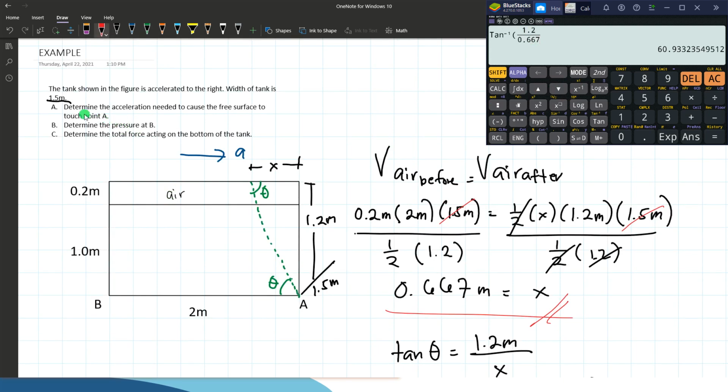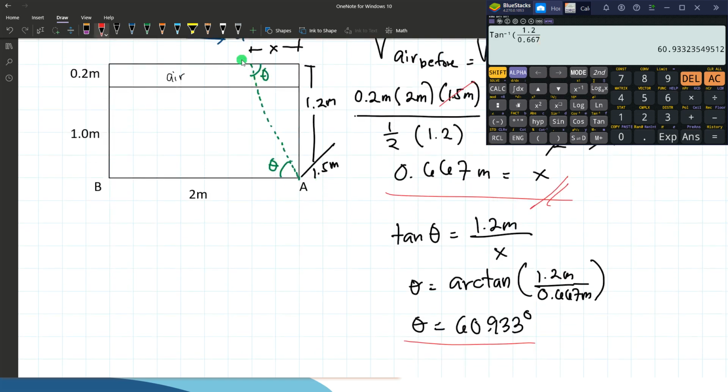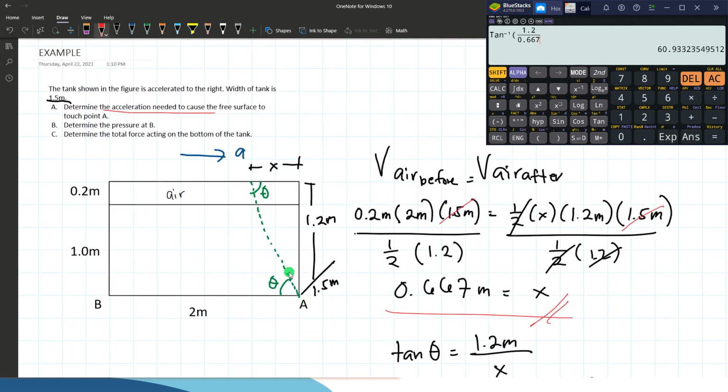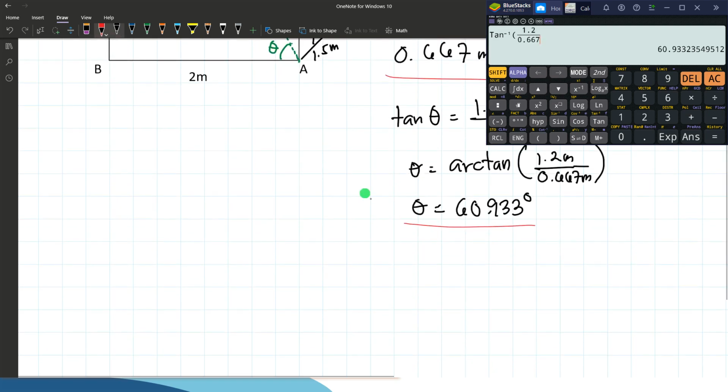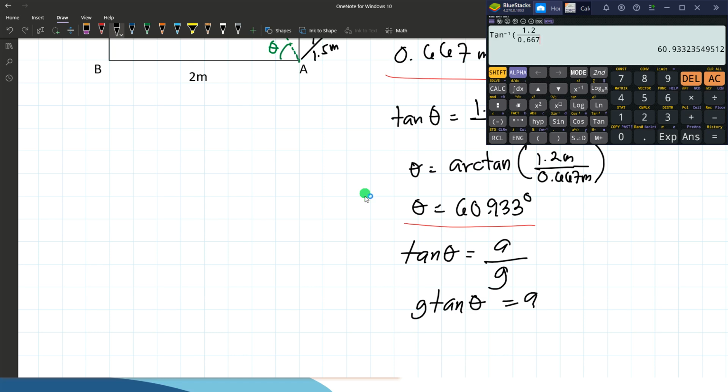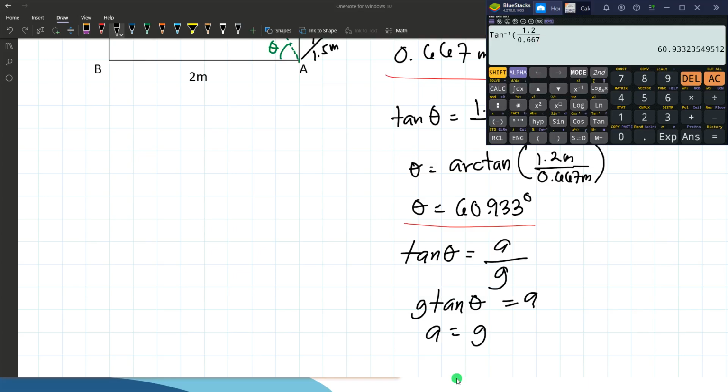From that, we can compute the acceleration for us to attain this liquid surface at this angle. Using again the formula, tangent theta equals A over G. So A over G, acceleration equals G tangent theta. So A equals G tangent theta.